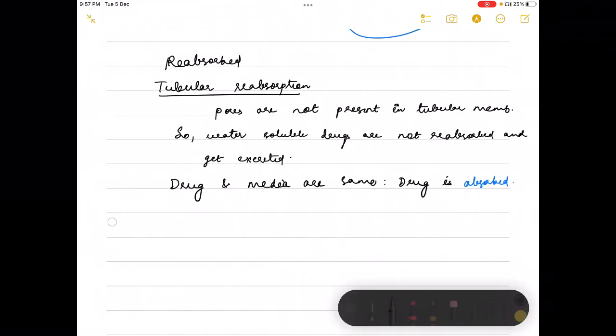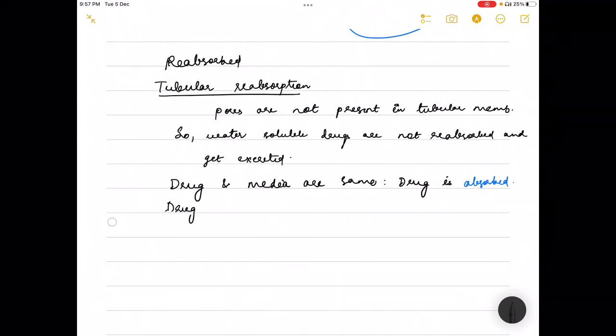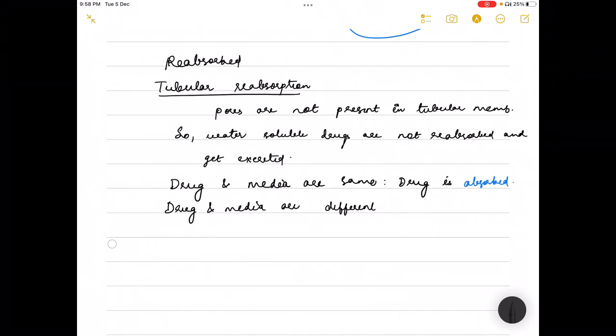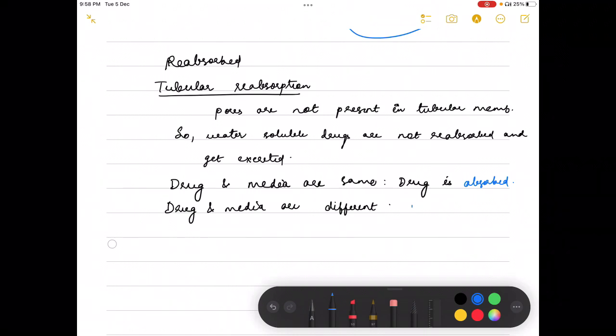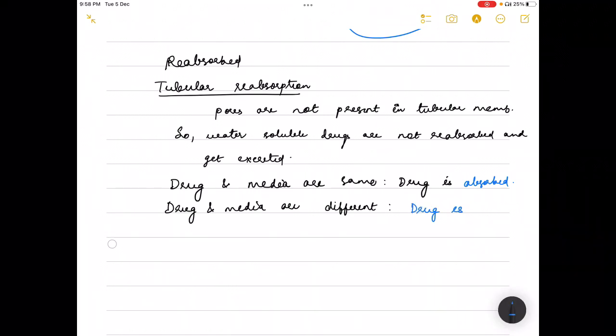Now, if the drug and media are different, in this case, the drug is not absorbed.